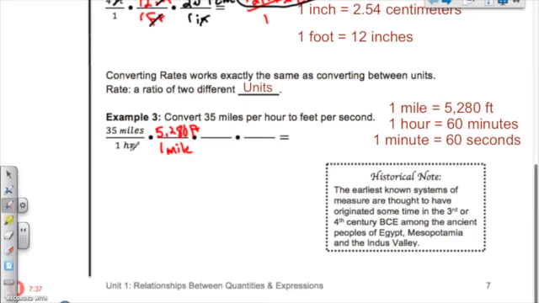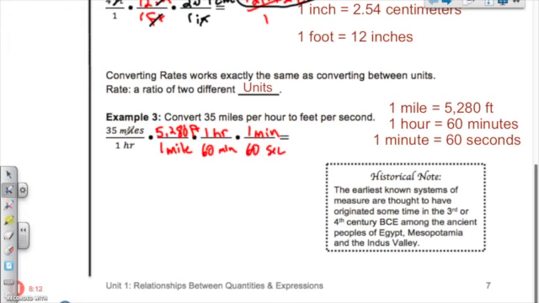Hours, notice, is already in the denominator, so I'm going to put 1 hour in the numerator when I start converting this. And 1 hour is equal to 60 minutes. And now I want to turn that minute into a second. So, because minutes currently in the denominator, I'm going to put 1 minute over 60 seconds. And I'm just using this conversion factor, but I'm deciding which thing to put in the numerator and which thing to put in the denominator by looking at what came before it and how I can cancel those out.